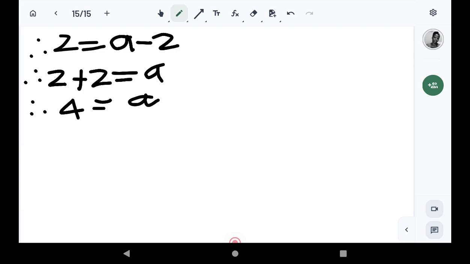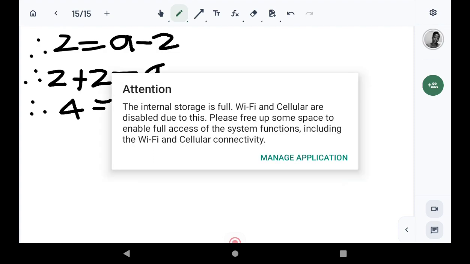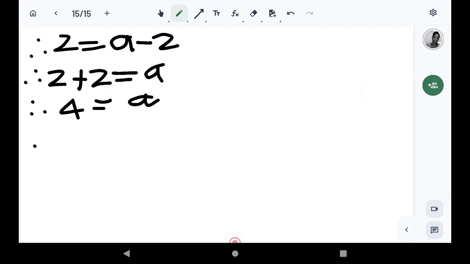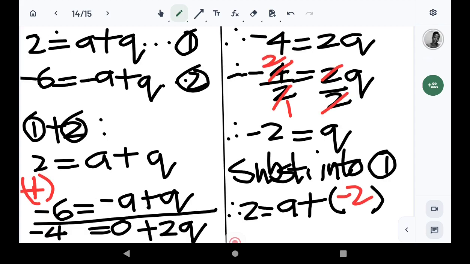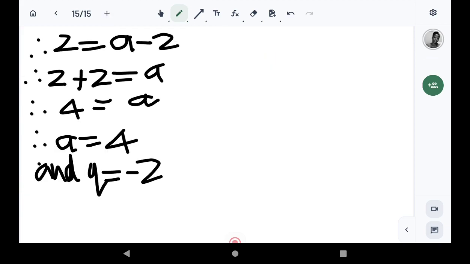Now you've got your A. Your A is equal to 4, and your Q is equal to negative 2.